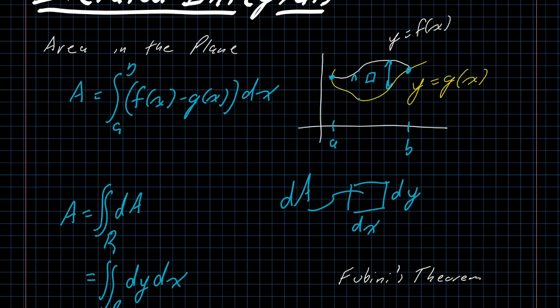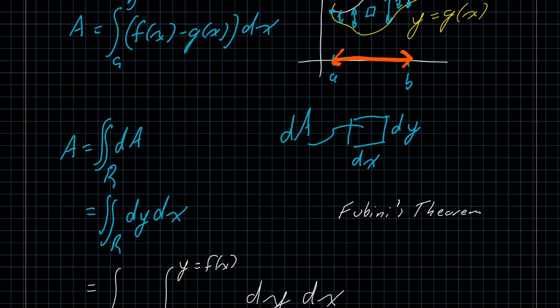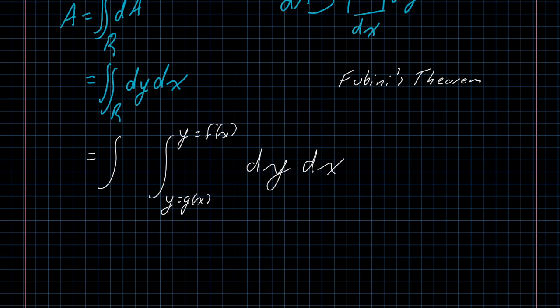Because when we integrated with respect to y, we've already taken care of the upper and lower possible constraints of this problem, we don't have to worry about each little bit horizontally being a different length. Instead, we can just look at the overall extents in the x direction. And we can integrate this from x equals a to x equals b.